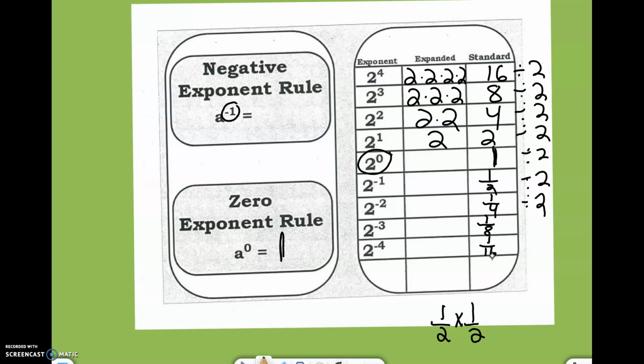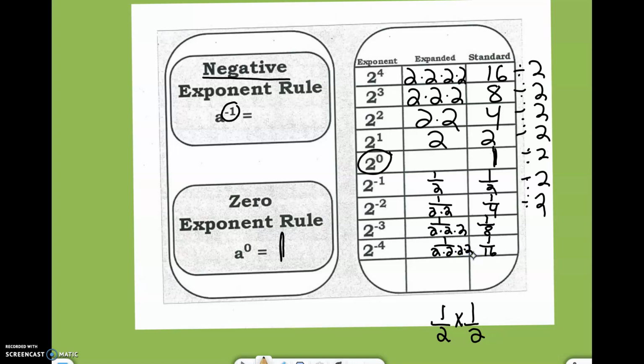Now, I want you to look at the expanded version, and I think we're going to come up with our negative exponent rule right here. There's 1 two on the bottom, there are 2 twos on the bottom, there are 3 twos on the bottom, and the last one there are 4 twos on the bottom.